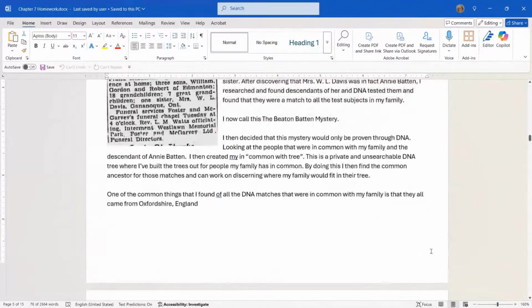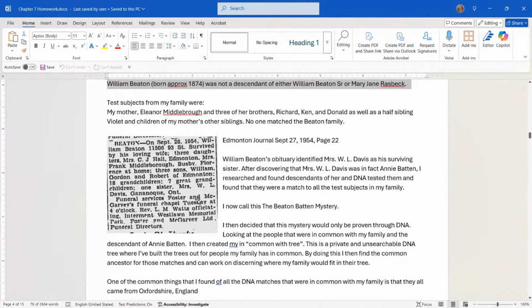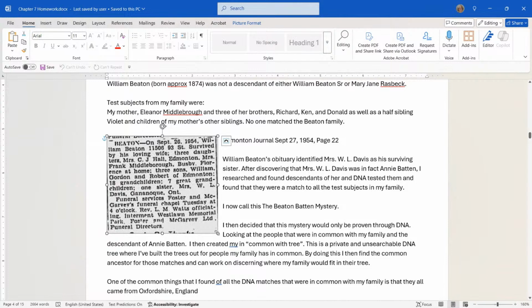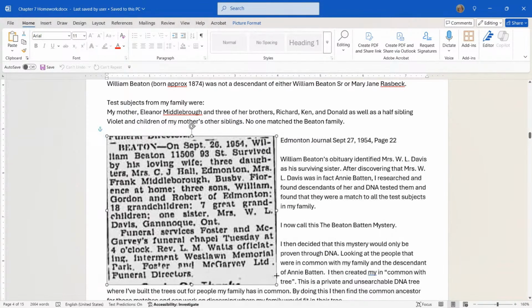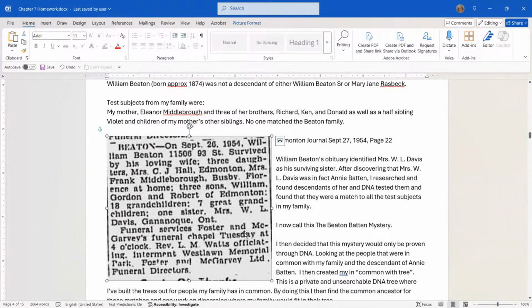He was survived by Mrs. W.L. Davis, and so even that became a challenge, to find out who Mrs. W.L. Davis was. It was then that I realized that that was Annie Batten, and that she was in fact adopted.